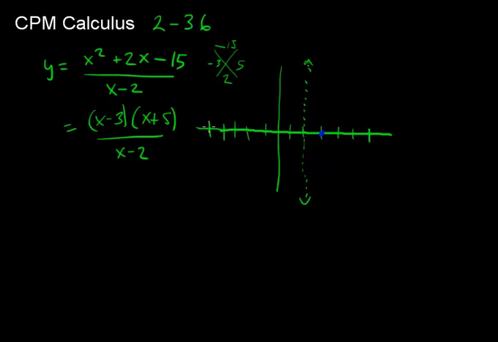If you graph it with your graphing calculator, you're going to see that the graph looks like this. It goes up there, here it's going down, something like this, with the vertical asymptote at x equals 2.